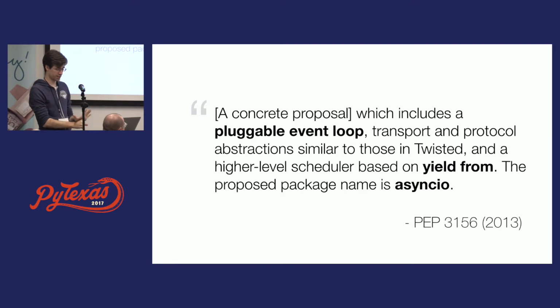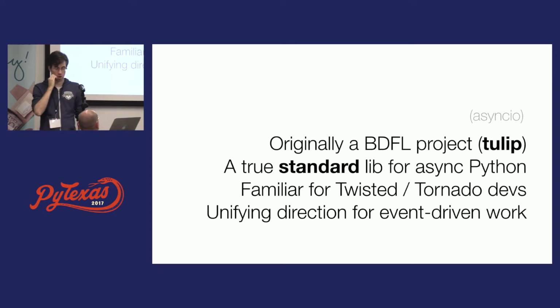In 3156, they had been testing the Tulip project for a little while, and they brought it in as asyncio. And that's the example that Tim was showing you before, that is now sort of the path forward for implementing different aspects of asynchronous programming inside of Python. It was originally called Tulip. It was originally Guido's project.